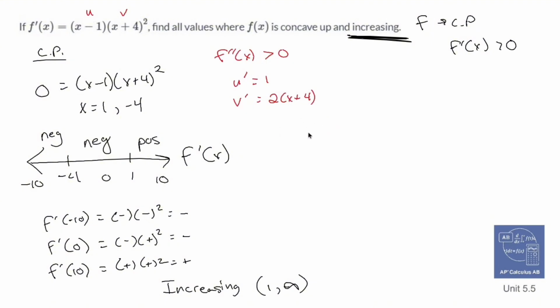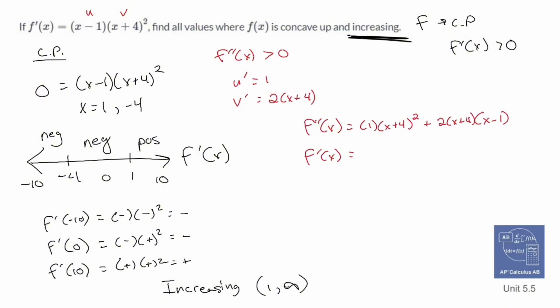All right, so f double prime of x is going to equal u prime v, which is 1 times x plus 4 squared, plus v prime u, so 2 times x plus 4, times x minus 1. Ugh. All right, so I'm probably going to have to do some foiling.